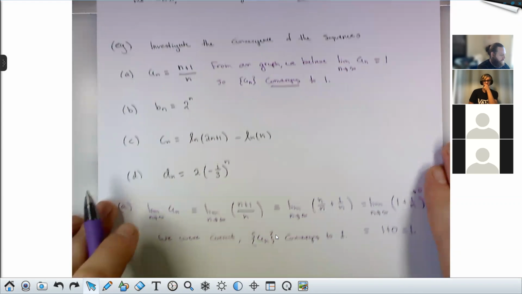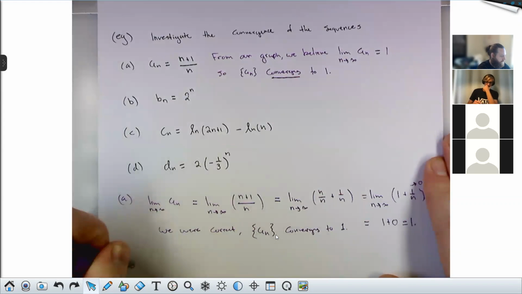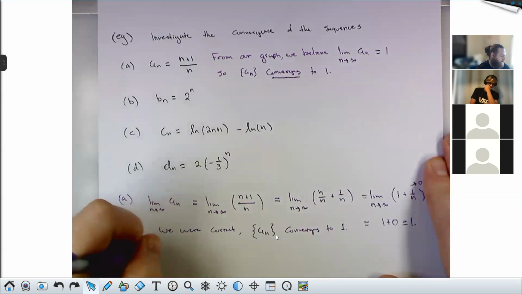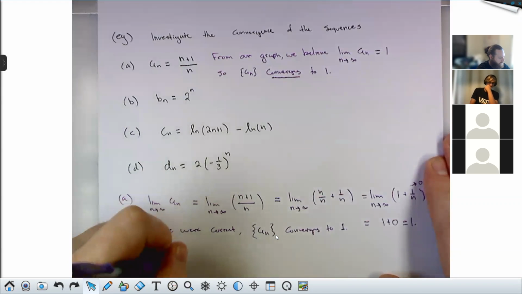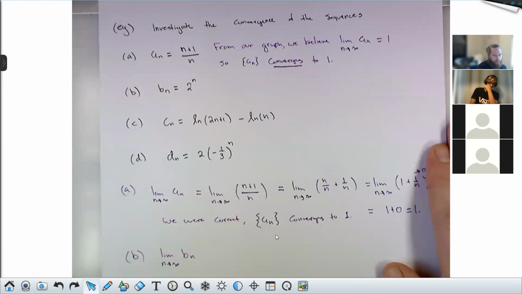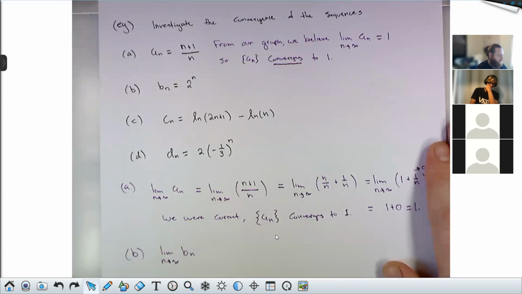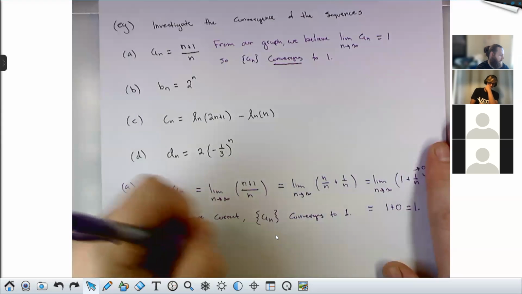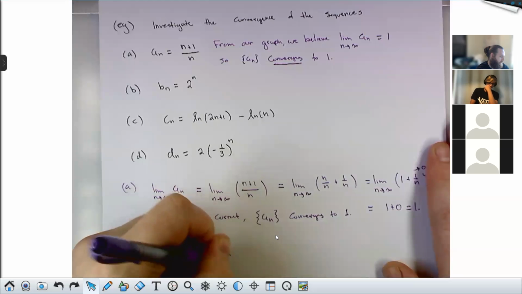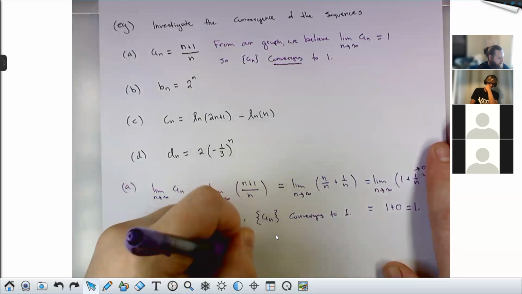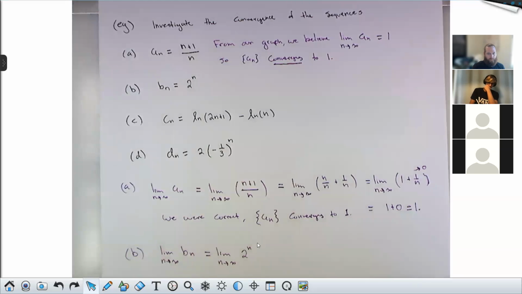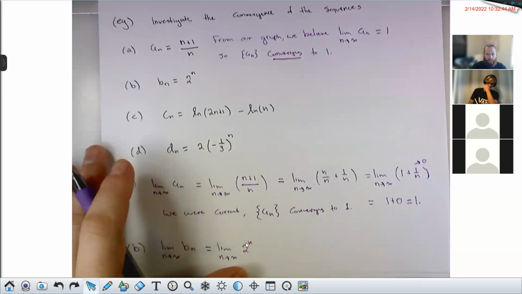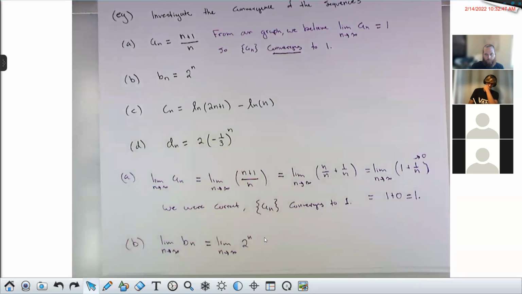In part B, in all of these, we're going to do the same thing. I take the limit as n goes to infinity. In part B, the limit as n goes to infinity of the sequence b_n is the limit as n goes to infinity of 2 to the n. As n gets bigger and bigger, 2 to the n gets bigger and bigger, right?